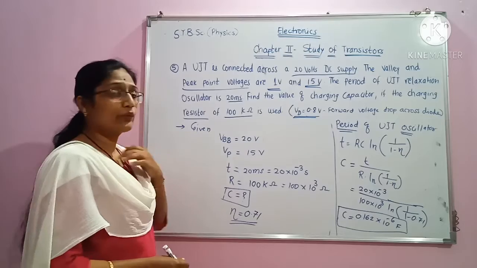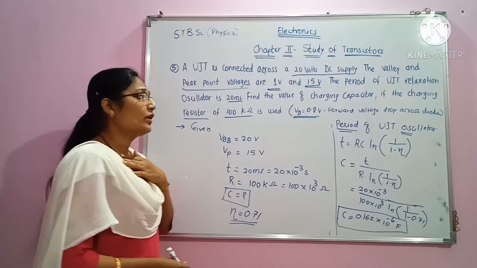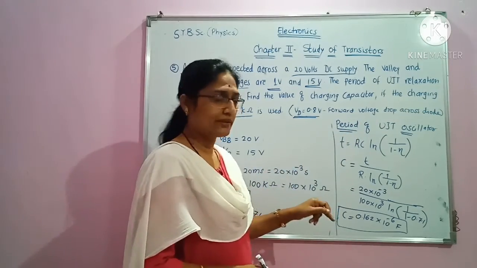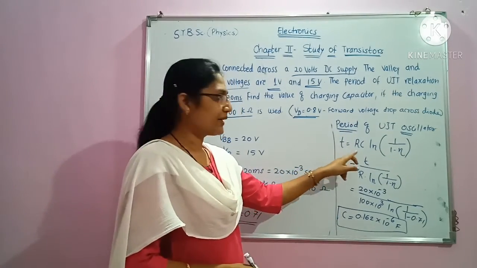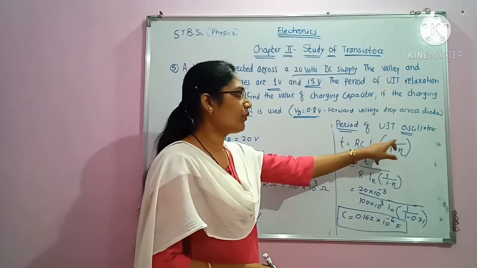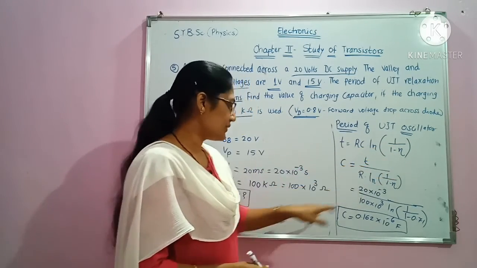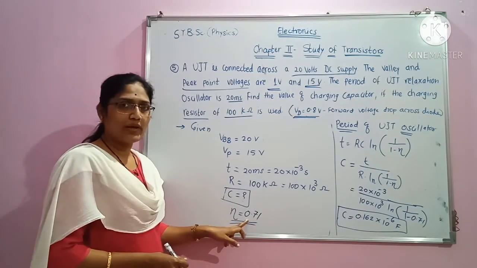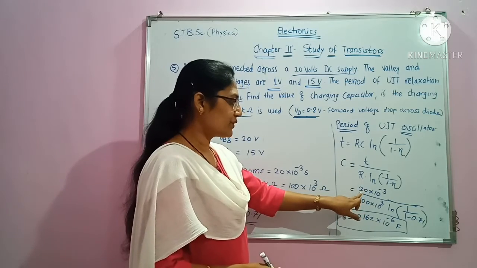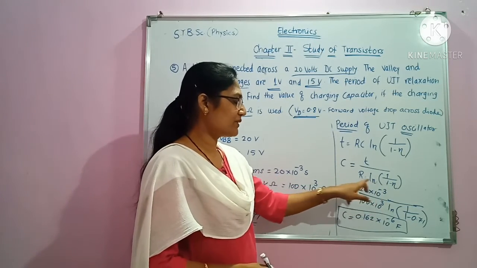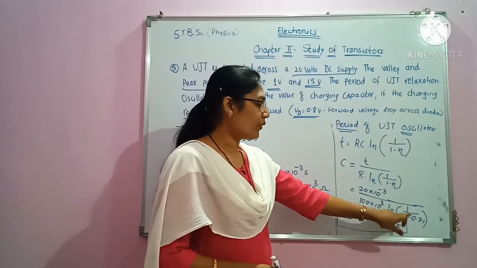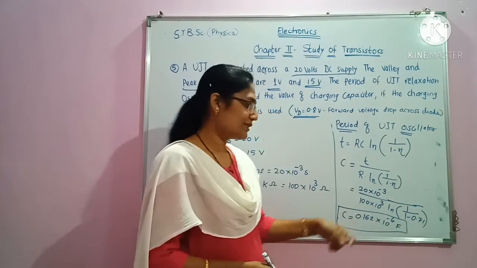Then we have to calculate the value of C, that is the charging capacitor. In order to calculate it, we have written the formula for the period of the UJT oscillator as T is equal to resistance into capacitor into ln of 1 upon 1 minus eta. In the first part we calculated eta as 0.71. We substituted T as 20 into 10 raised to minus 3, R as 100 into 10 raised to 3, and ln of 1 upon 1 minus 0.71.